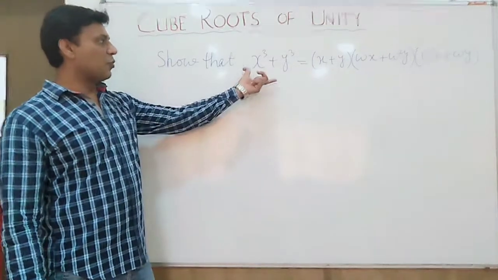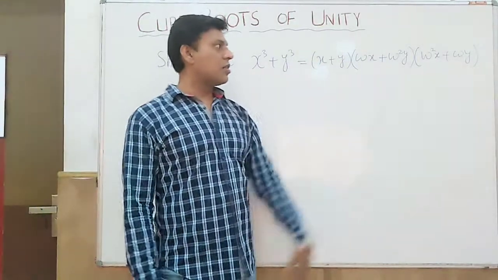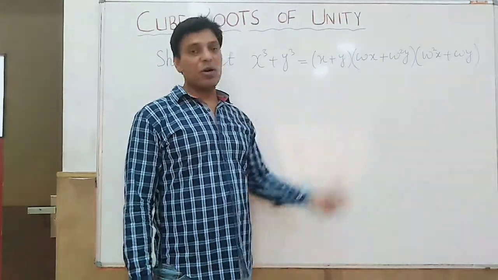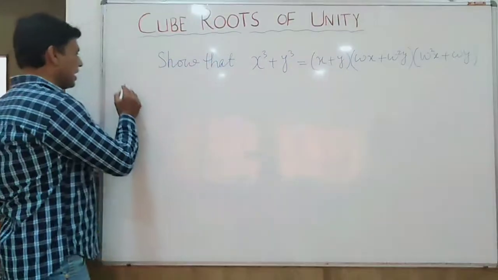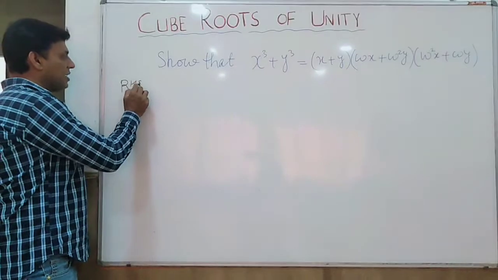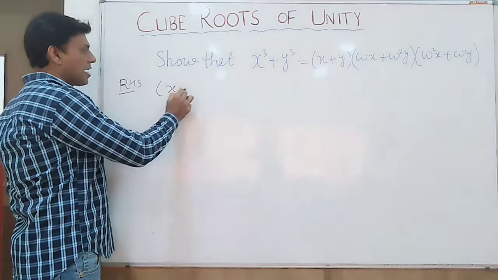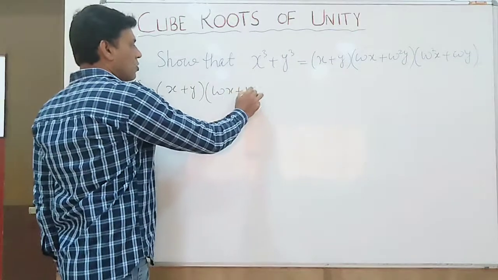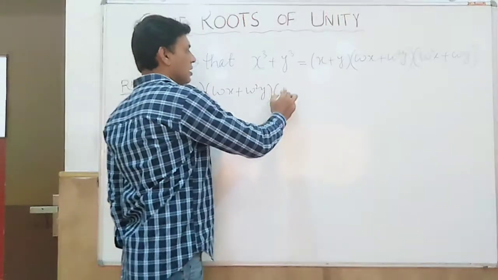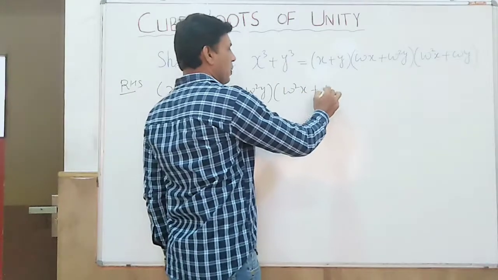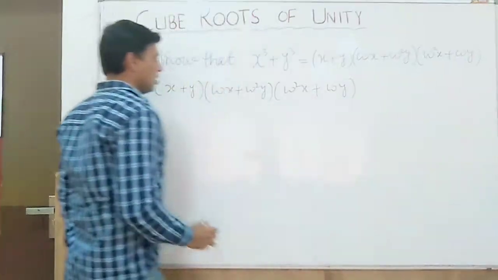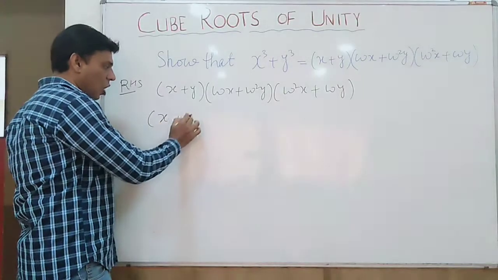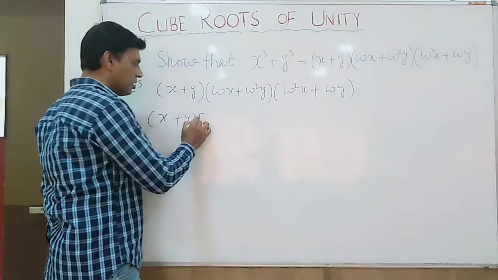Now we have to prove that x cube plus y cube is equal to this. So here we will take the right hand side because that is more derivable. So we are taking the right hand side, which is x plus y, omega x plus omega square y, omega square x plus omega y. So we will have this bracket as it is. Now we will multiply these two brackets.